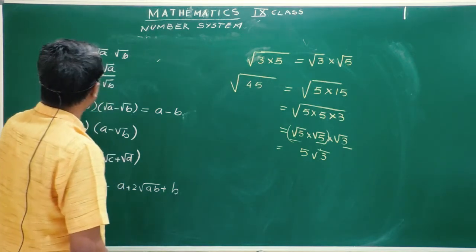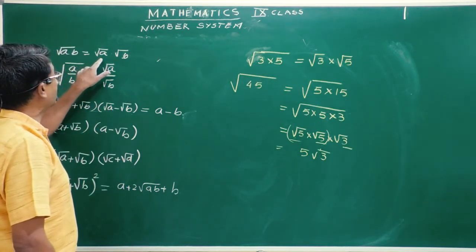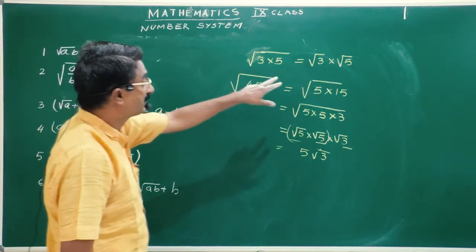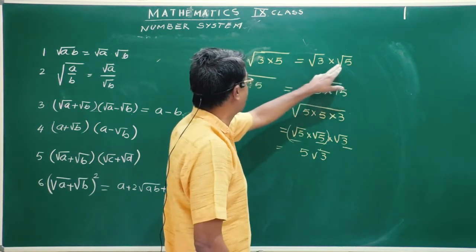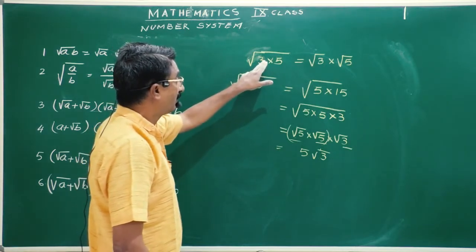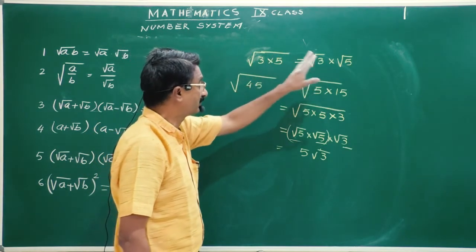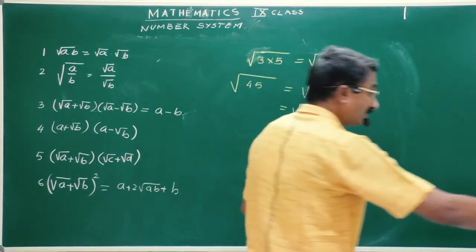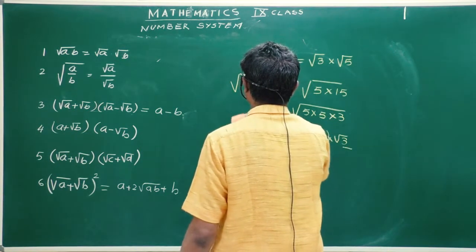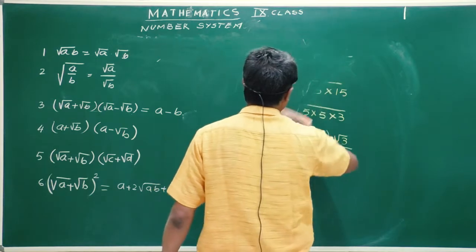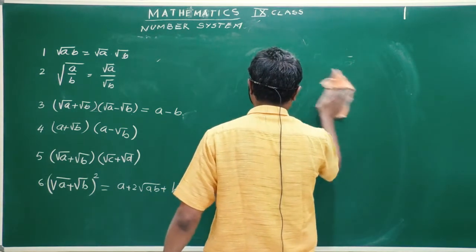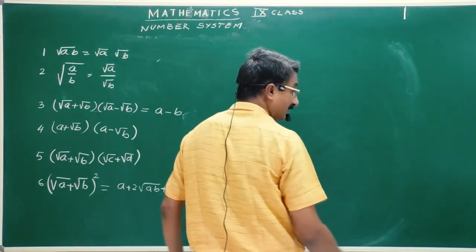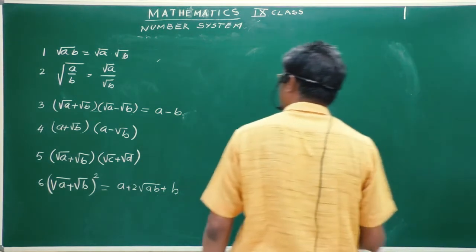Means under root AB can be written in the form of under root A into under root B. Means under root 3 into under root 5 can be written as under root 15, or under root 15 can be written in this form. Under root A upon B, where A upon B is a rational number, is written here.